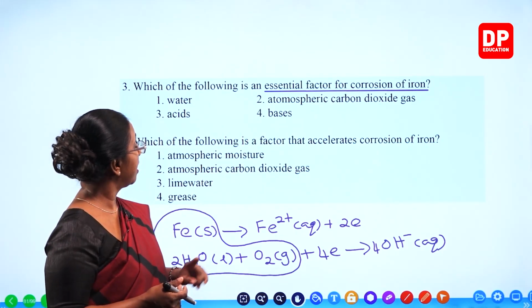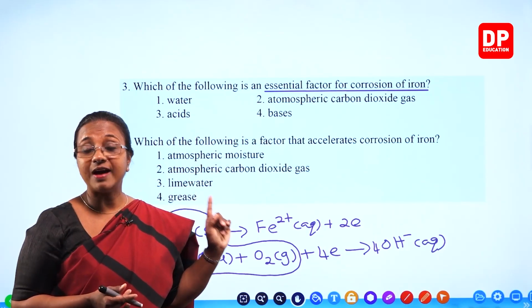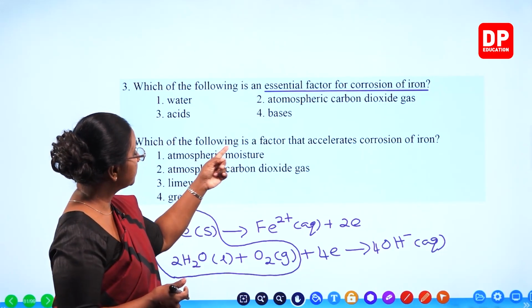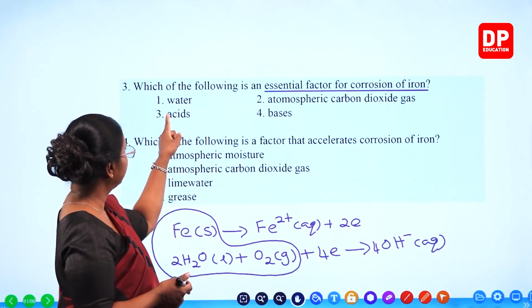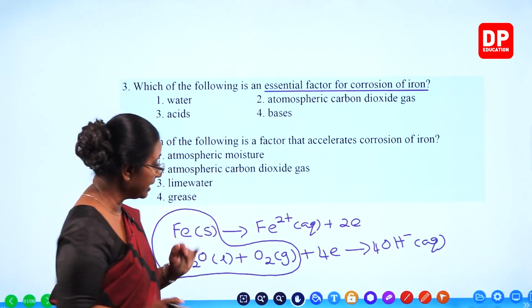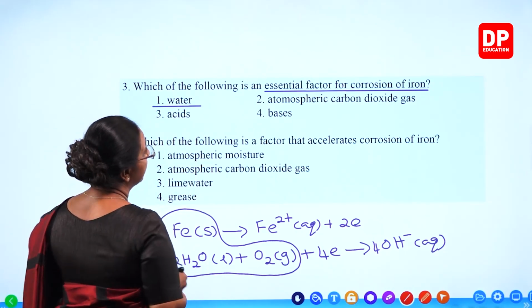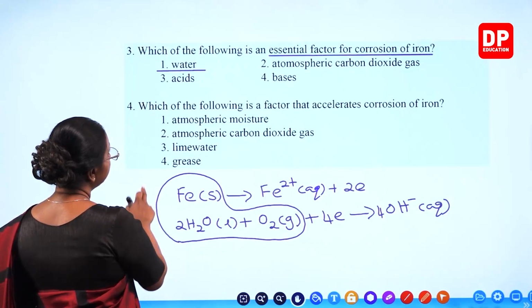So atmospheric carbon dioxide and acids are factors that increase the rate of rusting, whereas bases decrease the rate of rusting. But water is the factor that is essential for rusting. So it is water that is essential for corrosion of iron or rusting.